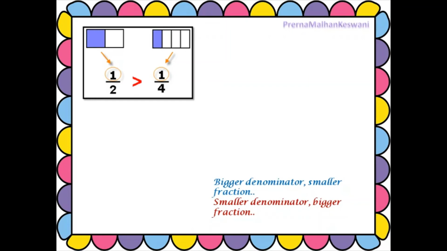So 1/2 is bigger than 1/4. If we go by the shortcut, you will see that the smallest denominator is the bigger fraction. The 2 in 1 by 2 is smaller than 4 in 1 by 4. So 1 by 2 is the biggest fraction.